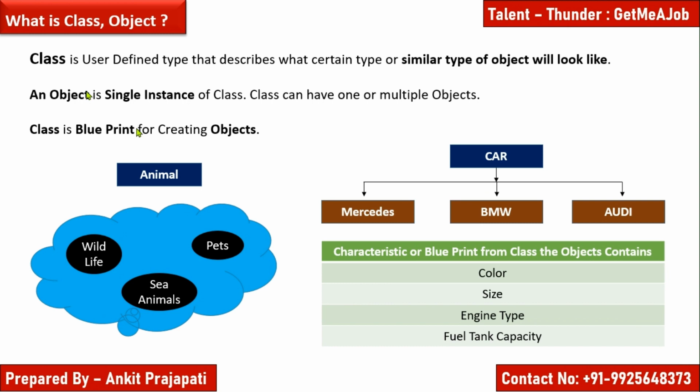Okay, the class will be on top, then we will have different objects, and each and every object will have certain properties which differentiate between the objects. Why is it called Mercedes, why is it called BMW? Because of the design, look, pricing, the capacity of their engine, fuel tank capacity, and all those things which define their actual object related things.